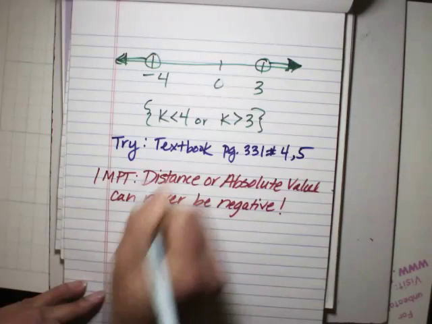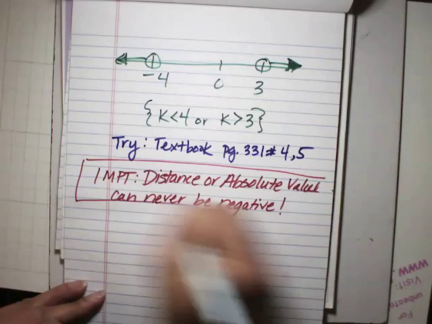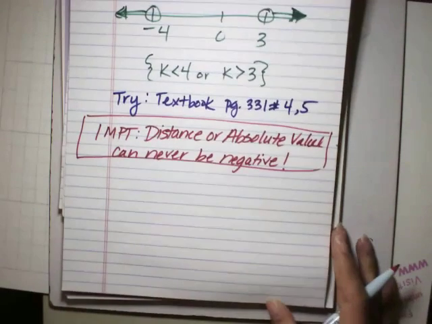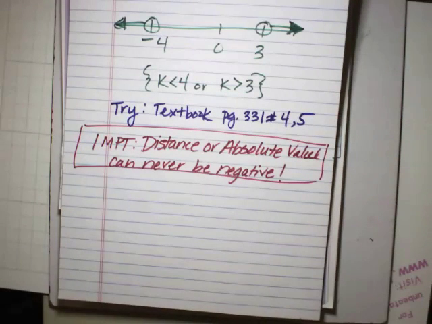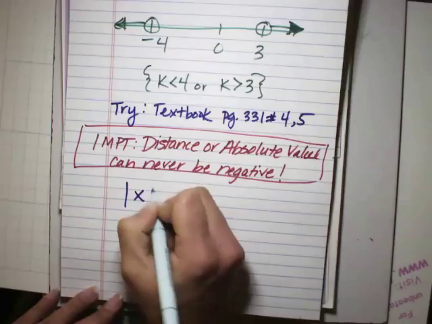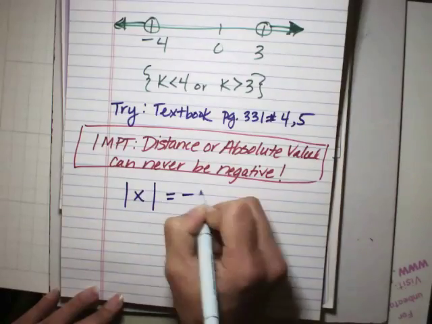Okay, and this is really big. So what do I mean by this? What do you have to look out for? We're going to write a couple equations or a couple inequalities, and I want to let you decide if that makes sense or not.